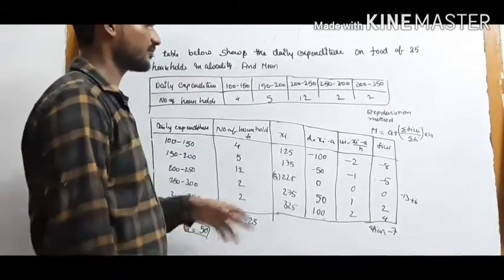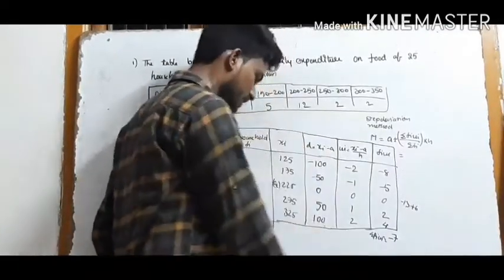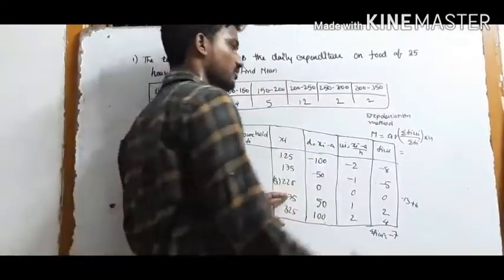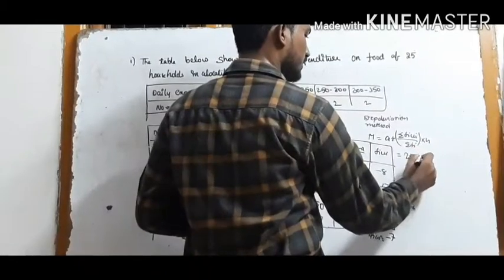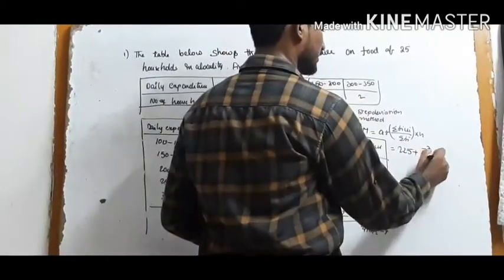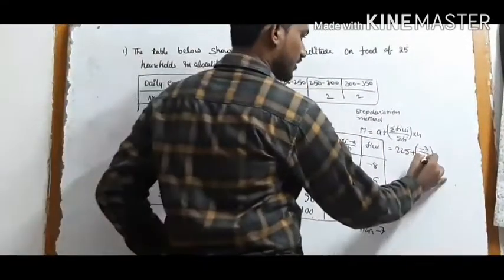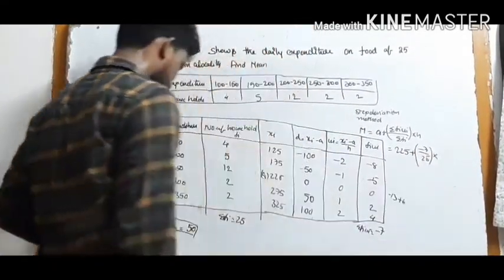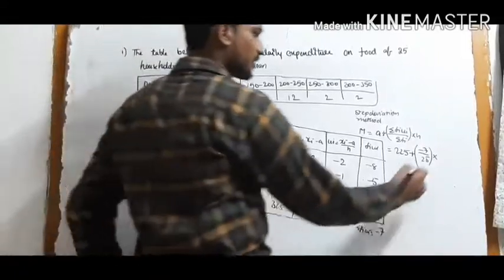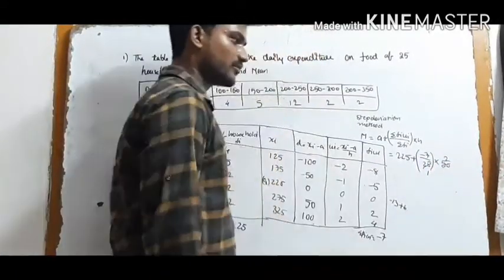You can substitute these values in the formula. A here is 225, which we assumed, plus sigma fi ui, which is minus 7, by sigma fi, which is 25, into h, which is 50. 25 ones, 25 twos are 50.